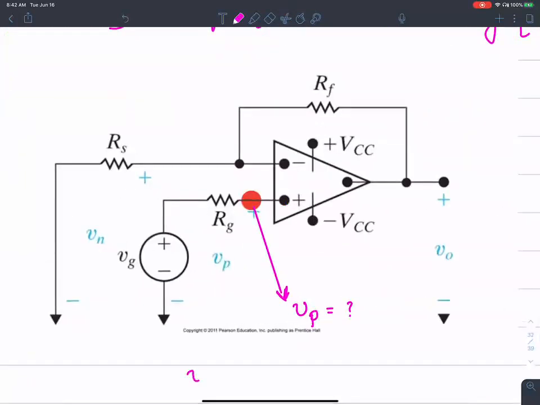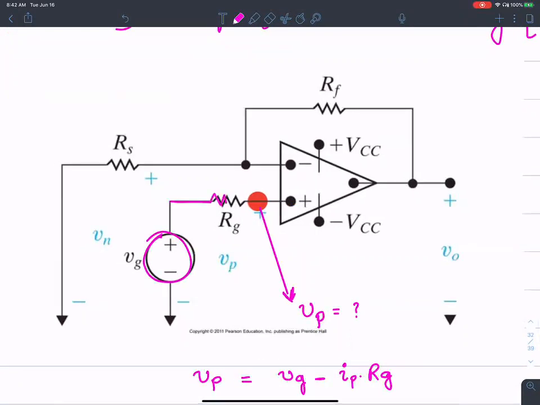In order to find V positive, all you have to do is start with Vg and subtract the voltage drop in this resistance, Rg. So there's a resistance Rg, right? Does that make sense? So Vg minus the voltage drop across this resistance. What would be the value of the voltage drop across this resistance?